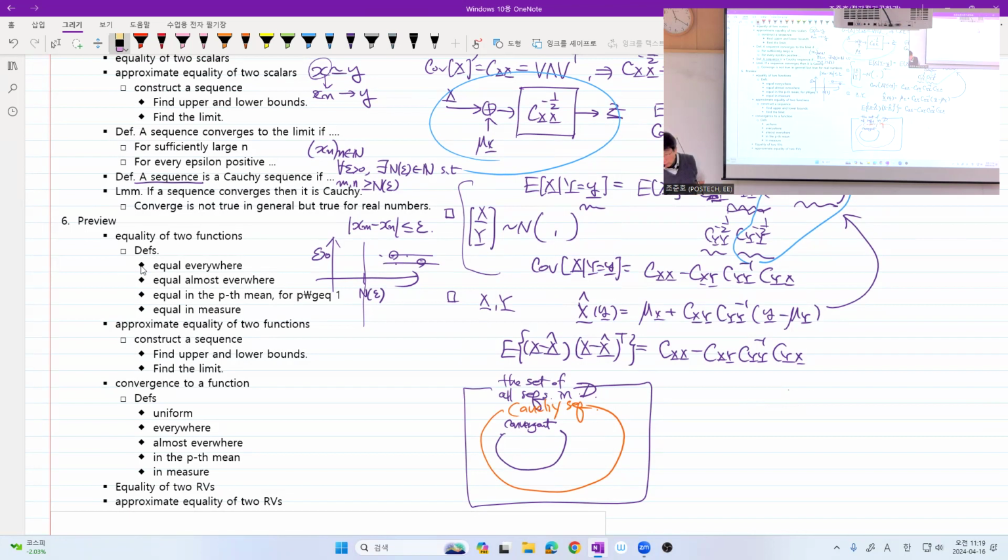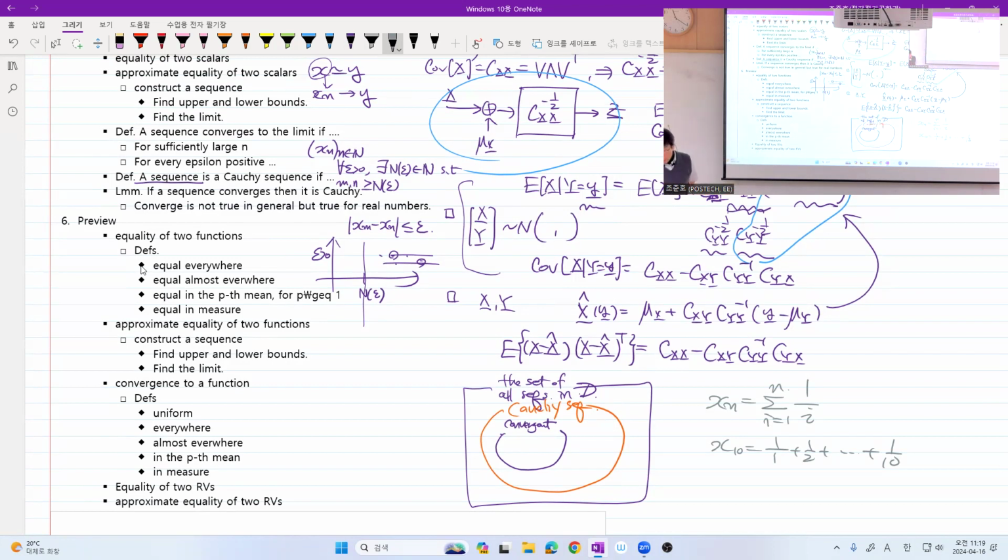Let's say x_n is the summation of n terms, something like this. So x_10 means you add 10 terms, right? And you know that this sequence does not converge, it diverges, okay?